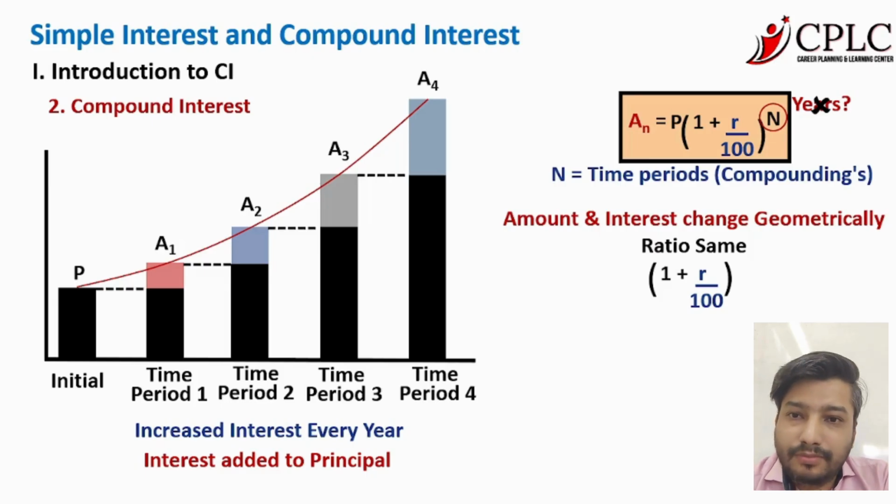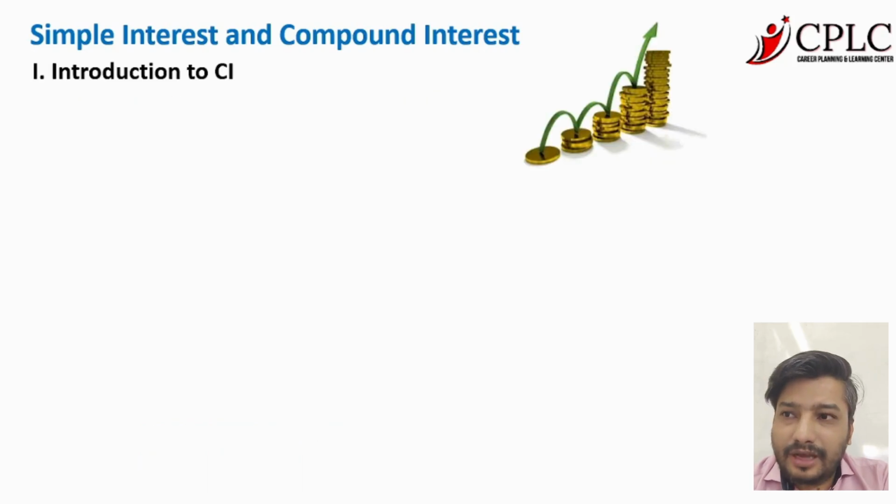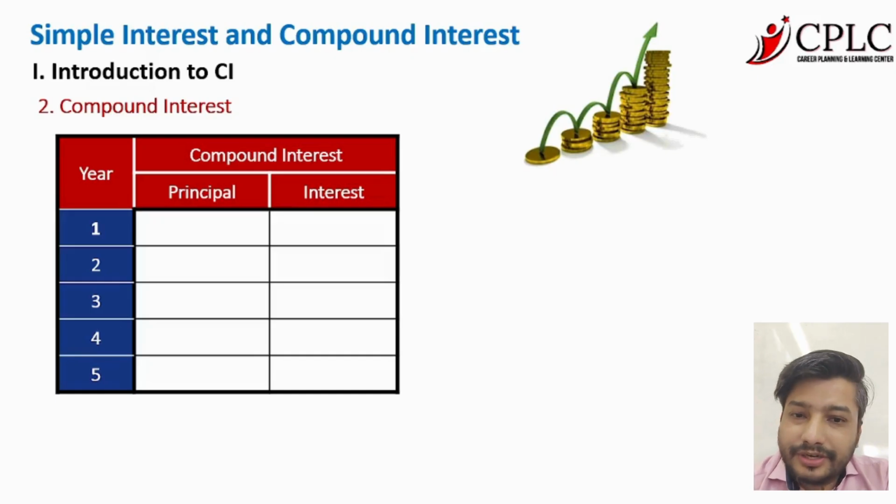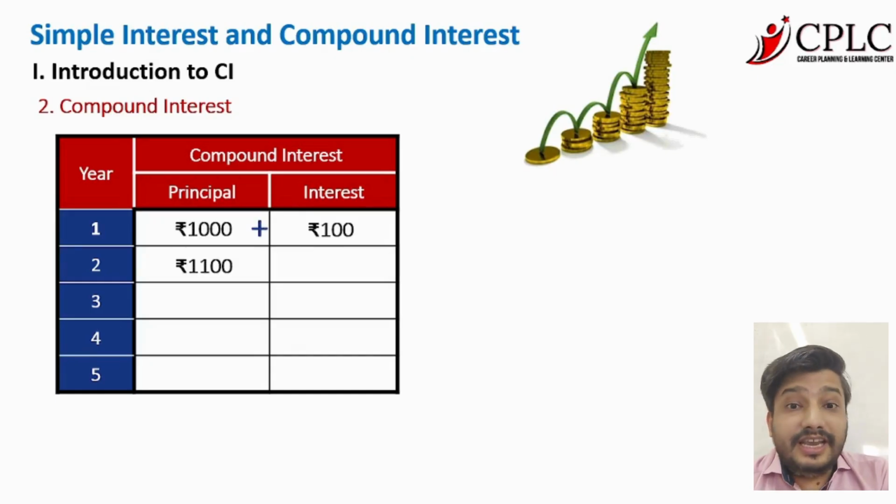Similar example, there is one more property that we need to cover, but to understand that property, let's do that example. Same data, 1000 rupees is our principal, 10% is the rate of interest. Let's say you do it for 1 year, you are going to get 10% on that, which is again 100 rupees for the first year. But in the second year, the compounding kicks in.